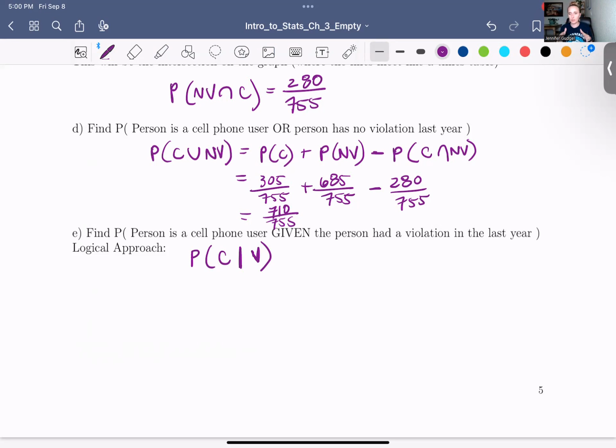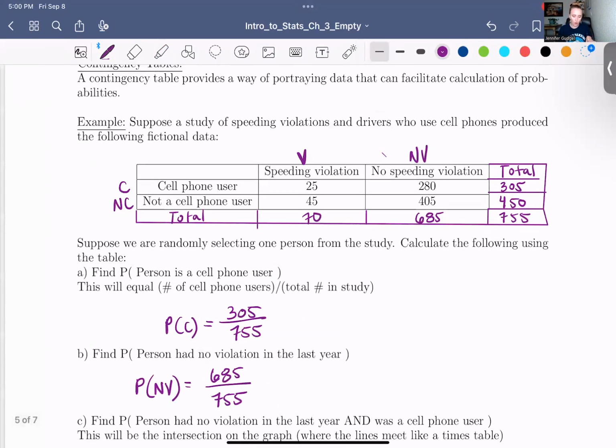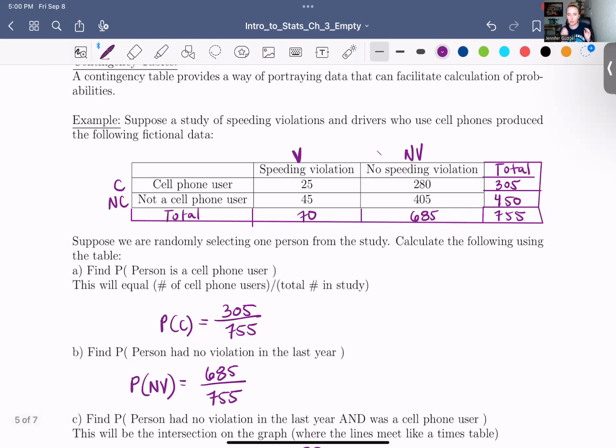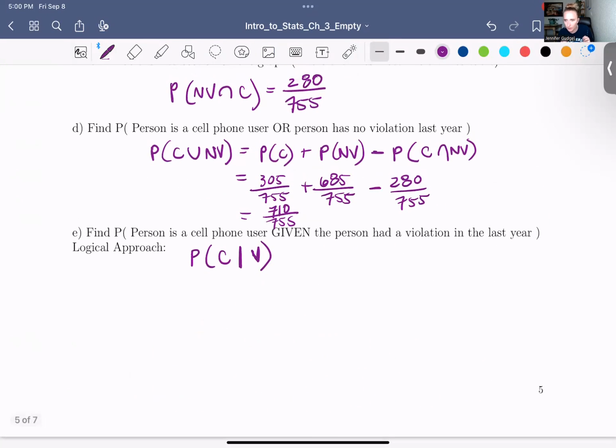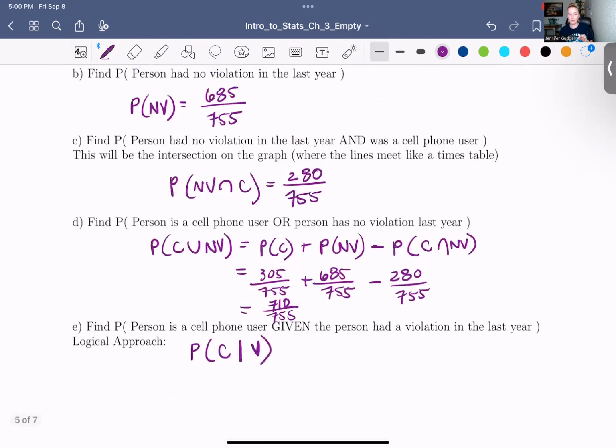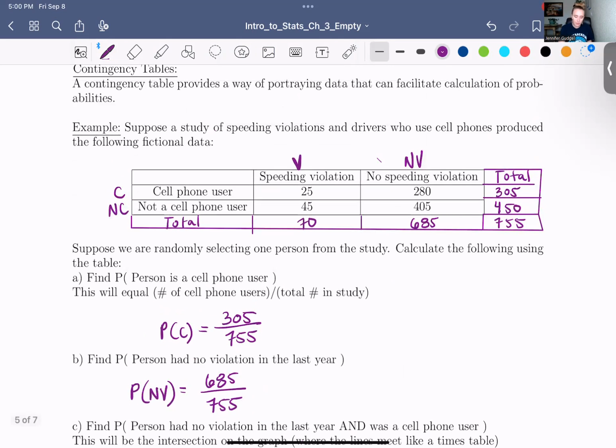So we narrow down the search, meaning that it's not going to be out of 755 anymore. Now, the only people left in the pool are the people that had a violation. So the only people left in the pool are these 70 people right here. I kick everyone else out because I'm given that they had a violation.